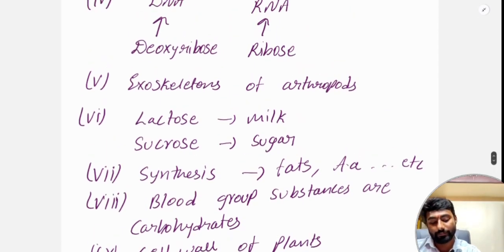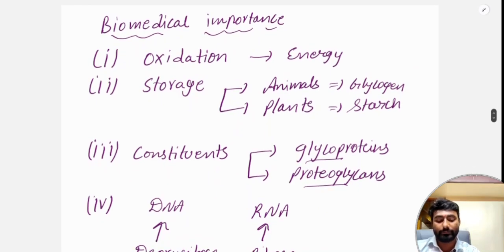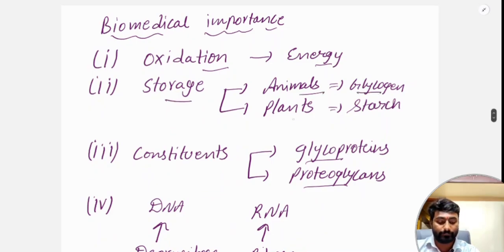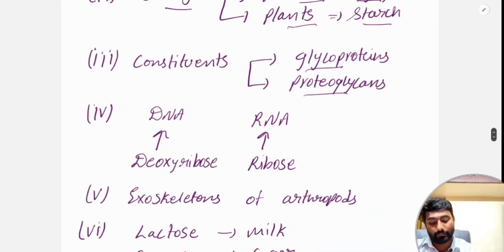We will quickly revise the biomedical importance of carbohydrates. They help in oxidation so that we get energy, and they are stored in animals in the form of glycogen and in plants in the form of starch, so that they will be used later for energy production. They form the constituents of glycoproteins and proteoglycans.